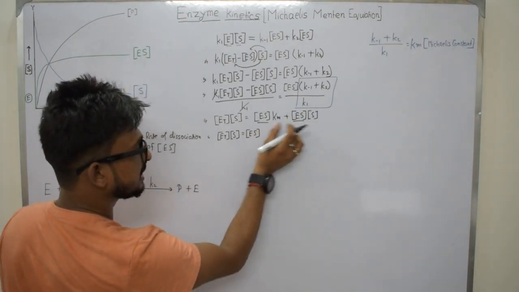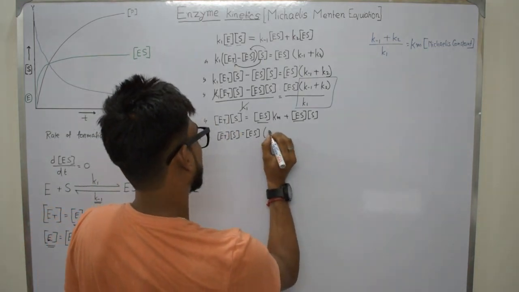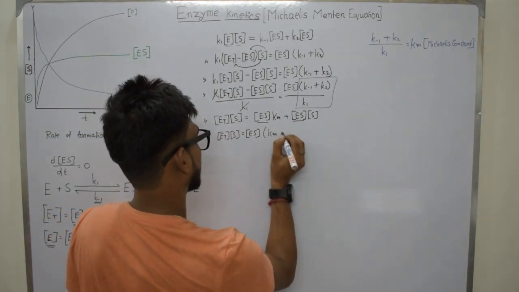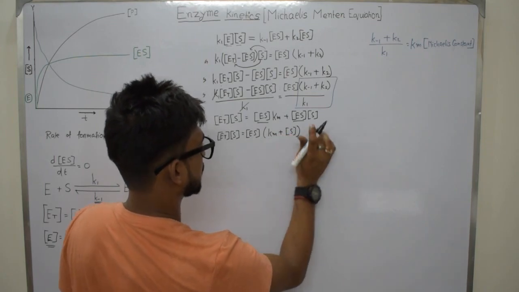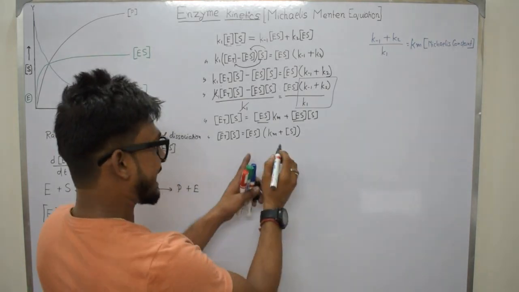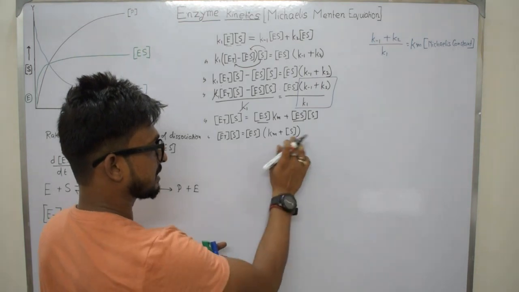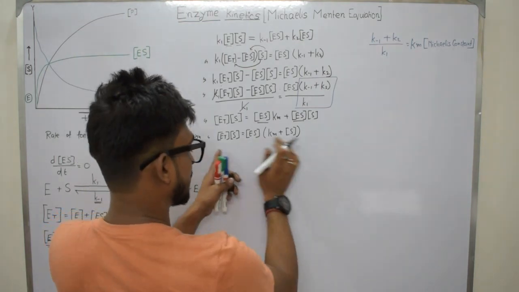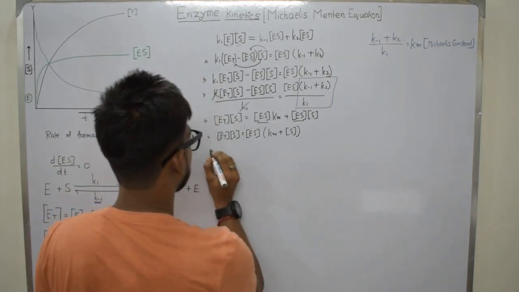So I am taking this ES, the enzyme substrate complex, as common, Km plus S. So this will remain separate. Okay. Now if we add this Km plus S concentration on both sides, then we will have this equation.